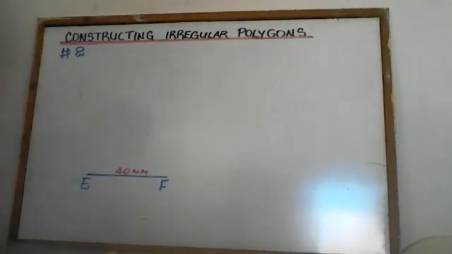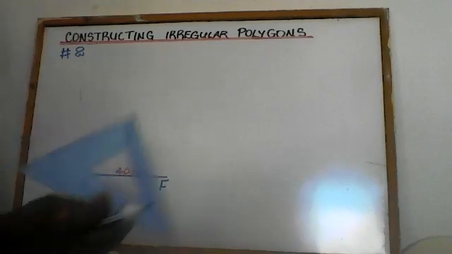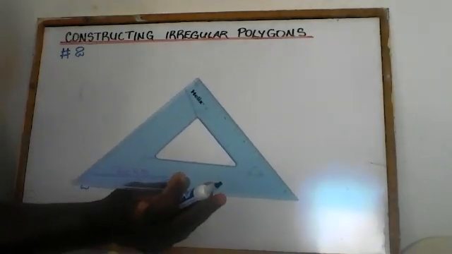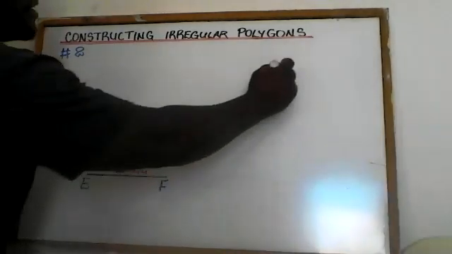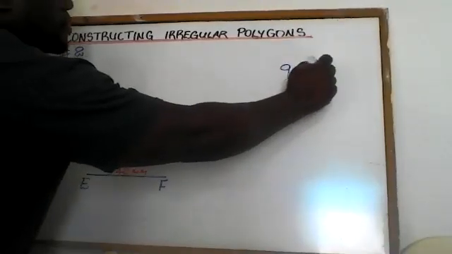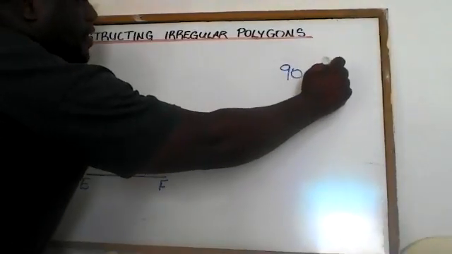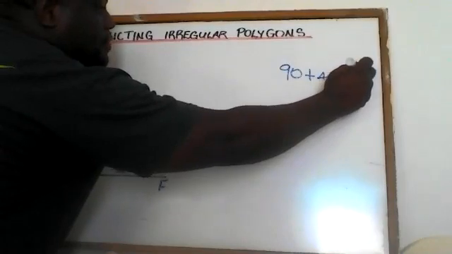Now the angle at F is 135. In the previous example, we demonstrated how we use the set square to draw an angle of 120. Now, a set square could also be used to draw an angle of 135 degrees. If I have my 45 degree set square here, 90 plus 45 is equal to 135.